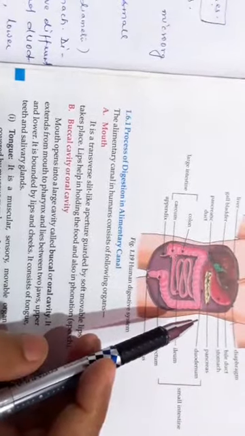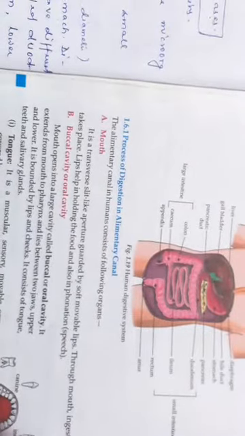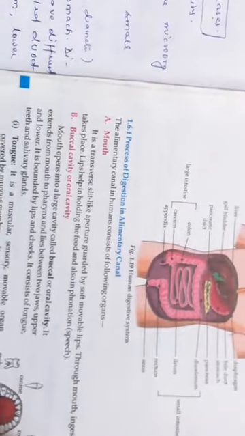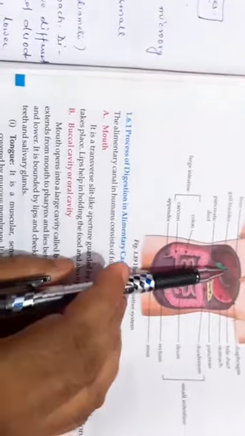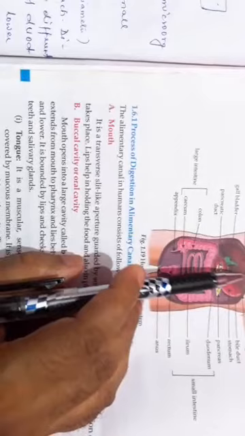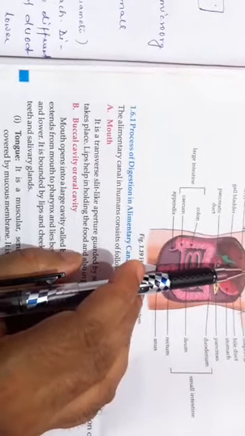Now, the small intestine serves both for digestion and absorption. Now we have not seen the liver. The liver is the reddish brown gland situated in the upper part of the abdomen on the right side, and it is the largest gland in the body.